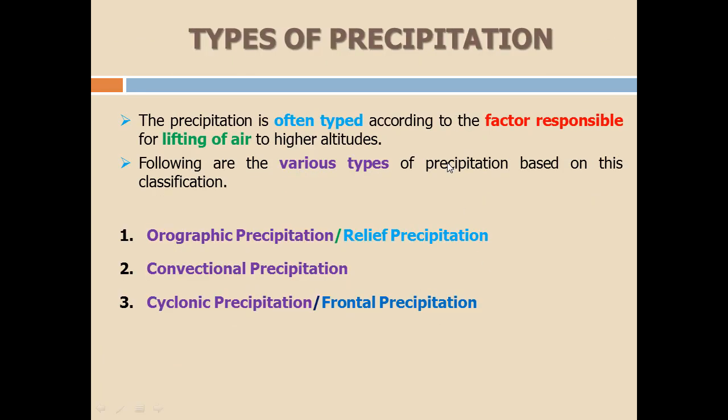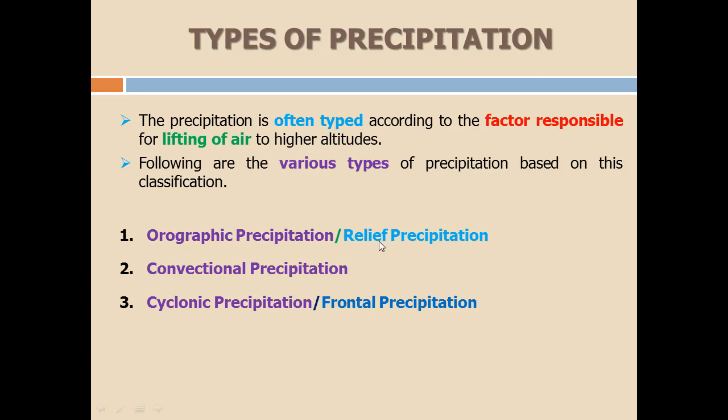Okay, next is types of precipitation. Precipitation is often typed according to the factor responsible for the lifting of air to higher altitudes, the first step of precipitation formation. According to that factor, the type of precipitation will be different. Following are the main three types of precipitation based on this classification.